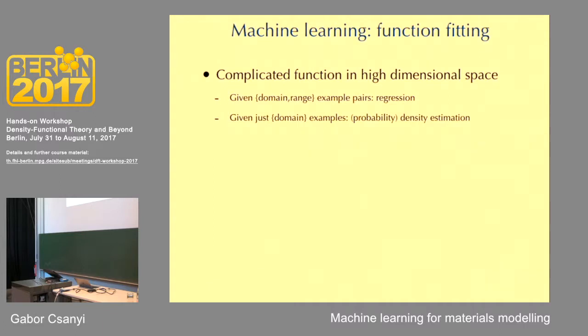But there's another kind of machine learning when you only get examples of the domain. So imagine a probability distribution in a very high dimensional space, and instead of telling you the probability density at certain places as examples, I'll just give you samples from the probability density. Right? I draw samples. They don't come with a scalar number.